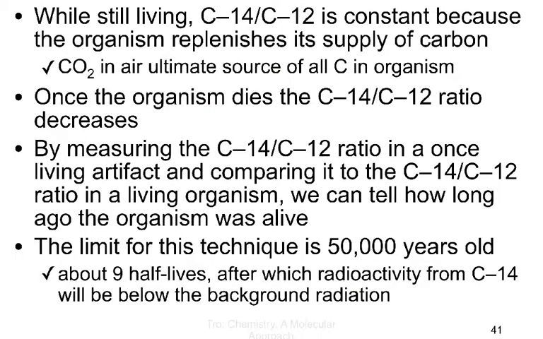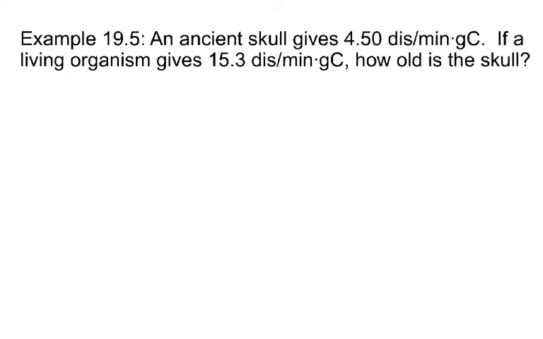While things are living, the carbon-14 to carbon-12 ratio is consistent because the organism replenishes its supply of carbon. But once the organism dies, the carbon-14 slowly decays into nitrogen. The limit is about 50,000 years old, and after that point, the radioactivity from carbon-14 is below background radiation.